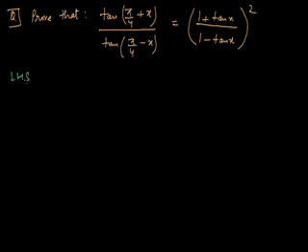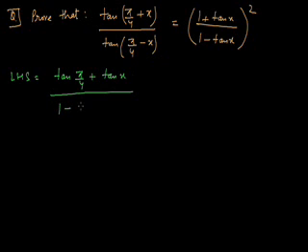So let's take the LHS. In the LHS, in the numerator part, you can see that it is tan a plus b. It's the tan x plus y formula. And in the denominator part, it is the tan x minus y formula. So let's apply the formulas. Tan x plus y is tan x plus tan y upon 1 minus tan x tan y.